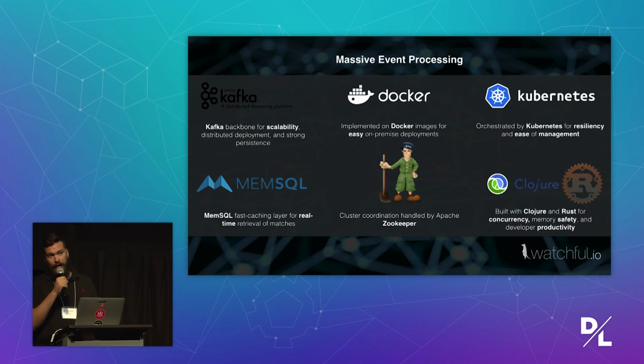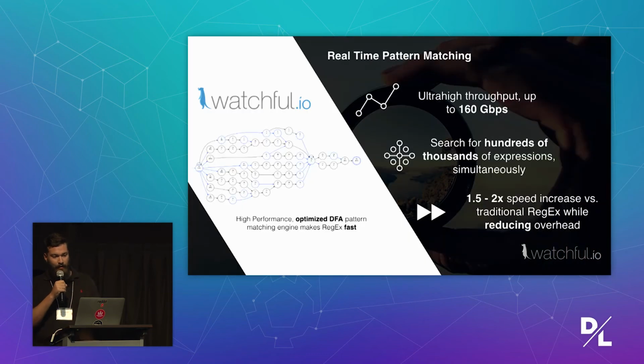Yeah, and the core of the application is built on Clojure and Rust, for concurrency, memory safety, and just developer productivity. Rust allowed us to do a lot of cool things, which we'll get into here now with our real-time pattern matching. So how can we do this versus, why don't we just use PCRE or something like Google's RE2 for regular expression matching?